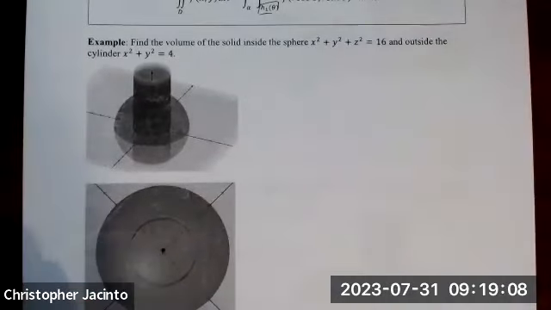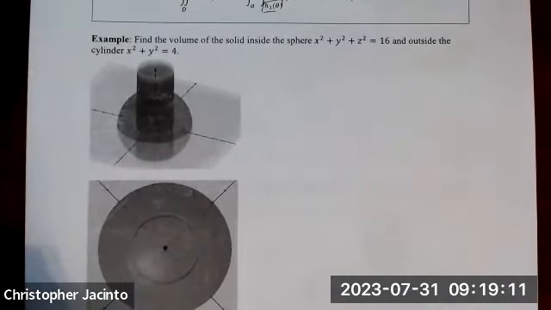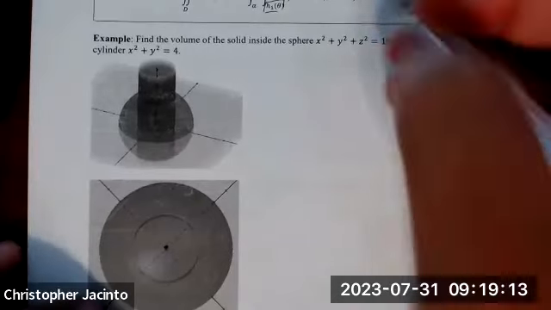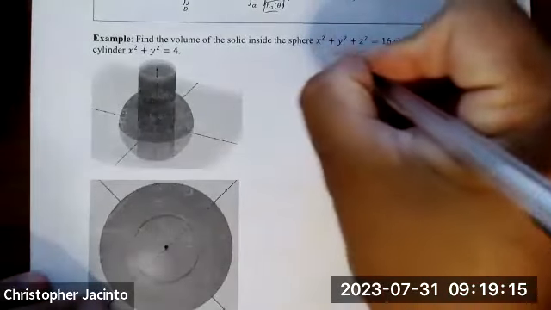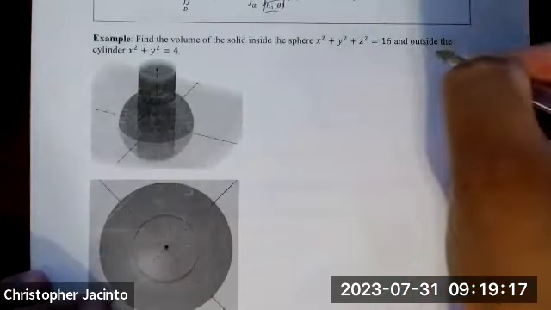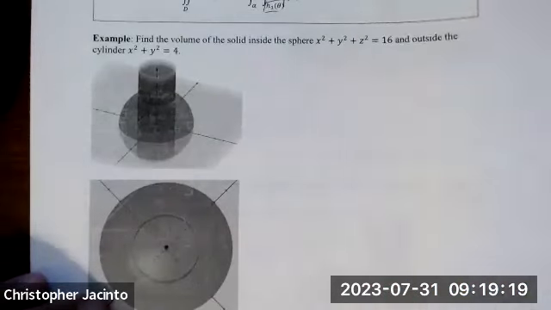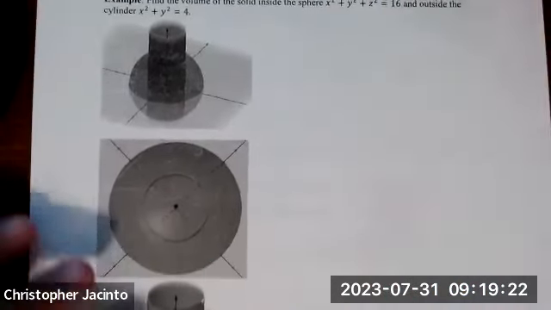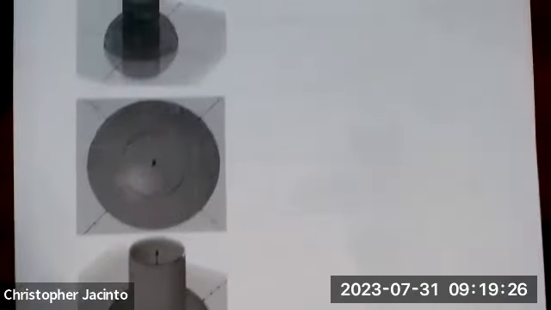So find the volume of the solid inside the sphere and outside the cylinder. Now, it's very hard for me to visualize what's going on here when you say inside the sphere and outside the cylinder. So what I did is I just drew this, put this in a three-dimensional model, and this is what it came out. Okay.